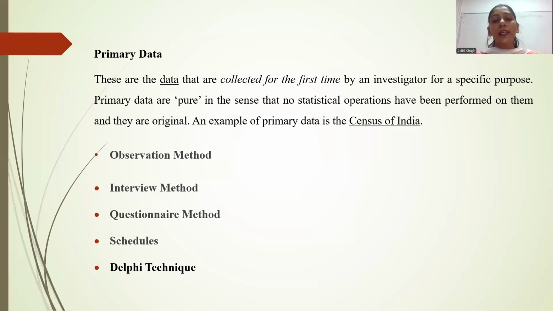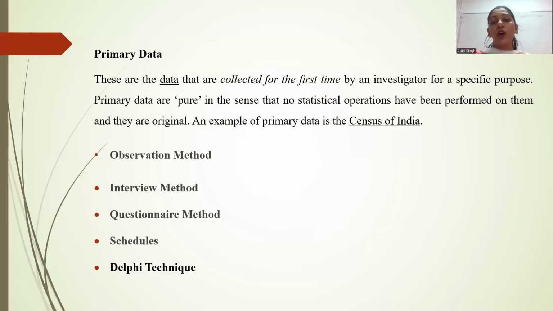Now secondary data. Secondary data is data which is collected from different sources and was not originally collected by the user. This kind of data has already been published by some researcher or investigator in the past and is available.